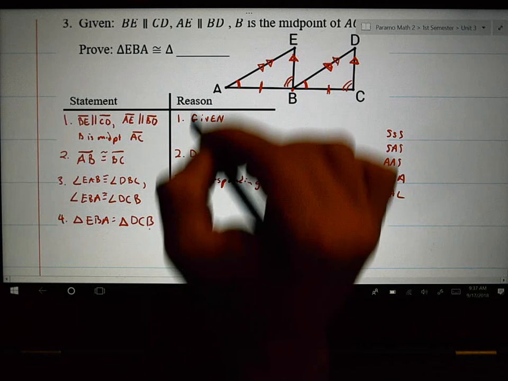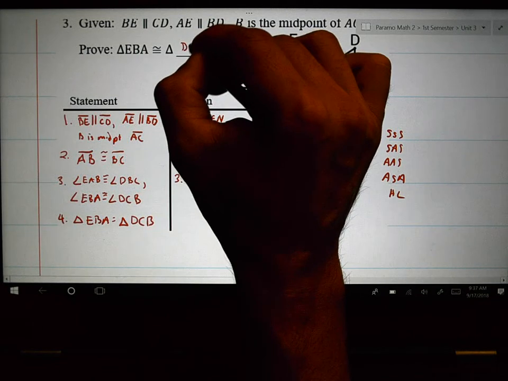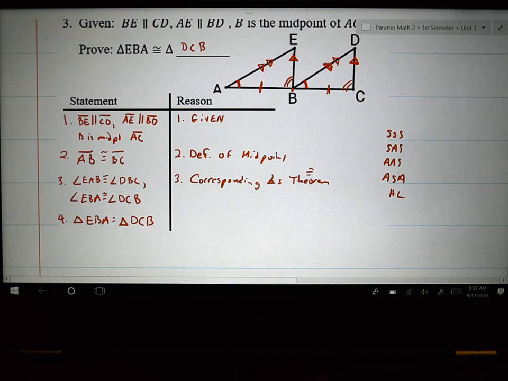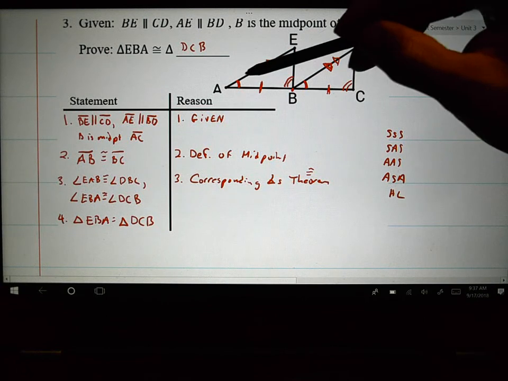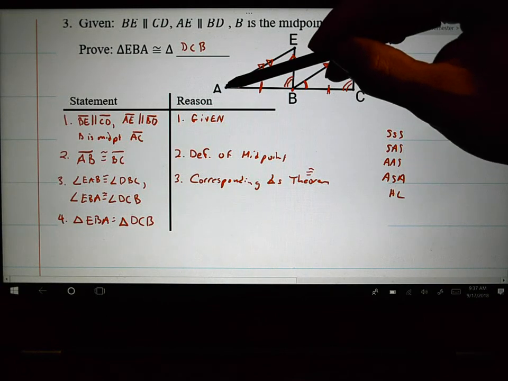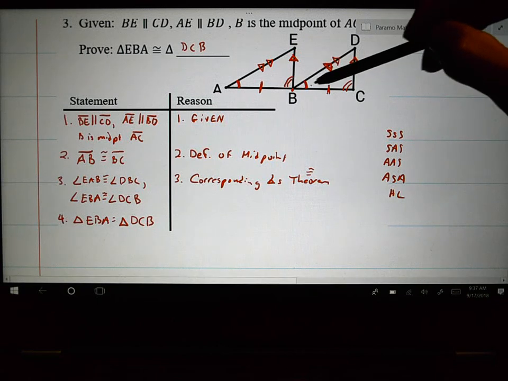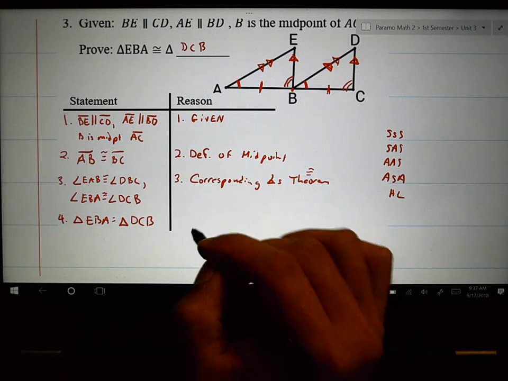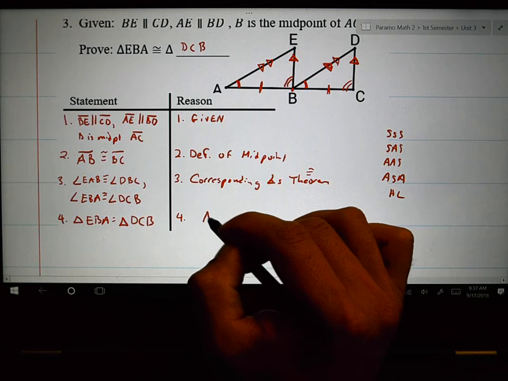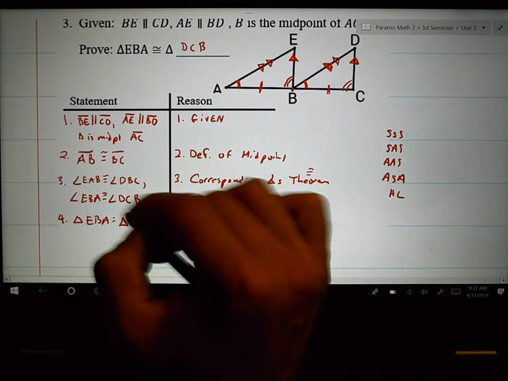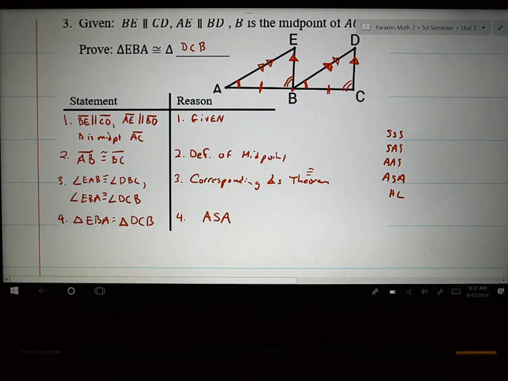And then we write it up here as well, DCB. We have 5 postulates to pick from, but we have an angle touching a side touching an angle that's congruent to an angle touching a side touching an angle. I can already tell you the reason why these 2 things are congruent to each other. It's because of angle side angle.